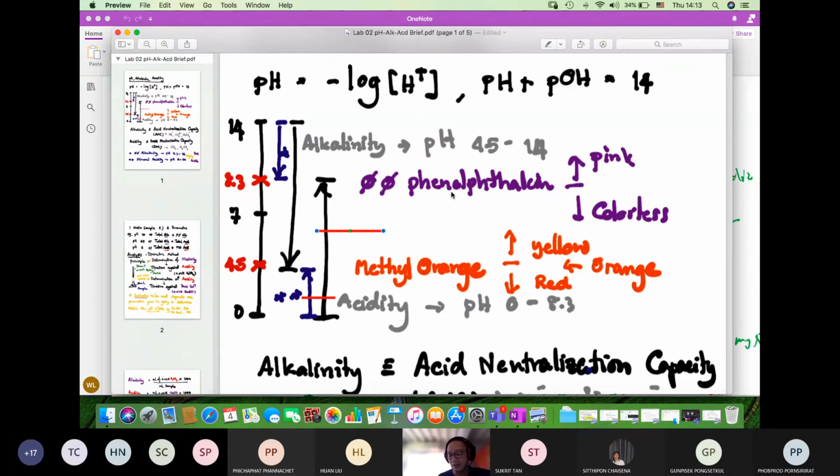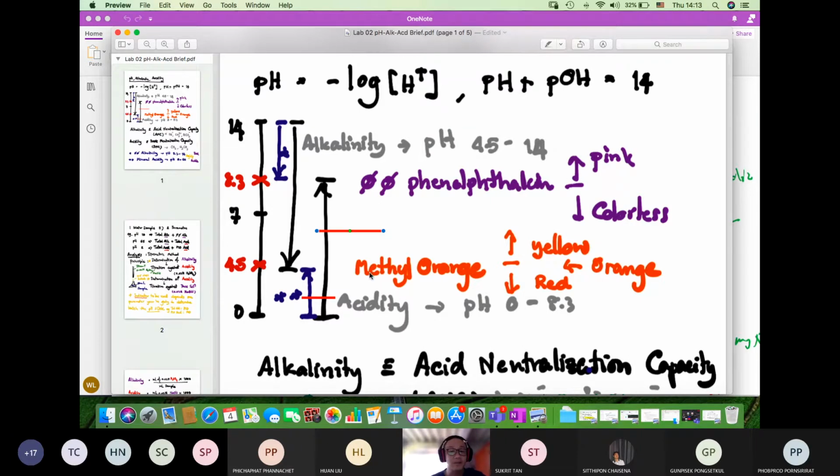For these two indicators, the colors will change. For the phenolphthalein indicator, if the pH is less than 8.3 and we add it into the water sample, it will show no color. If the pH is above 8.3, a pink color will appear.